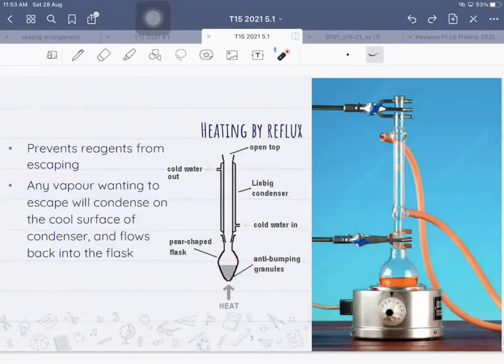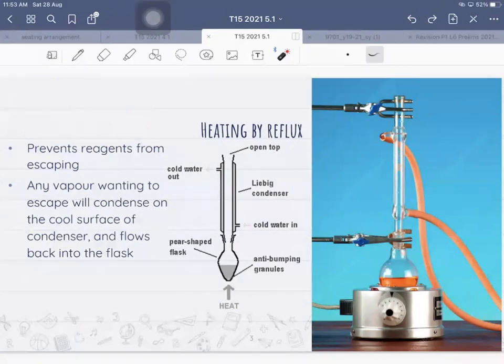And then you have a Liebig condenser. I don't know if you know a Liebig condenser, but it's the one that you use during distillation. Except that when you are setting up for distillation, the Liebig condenser is placed sideways, at an angle.